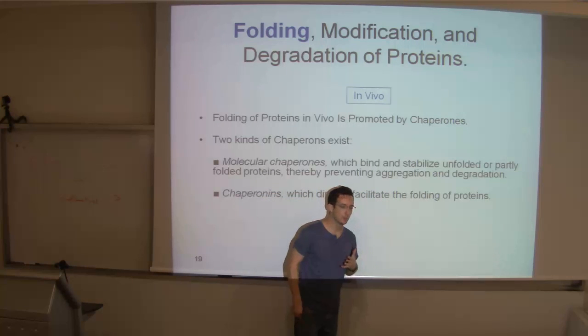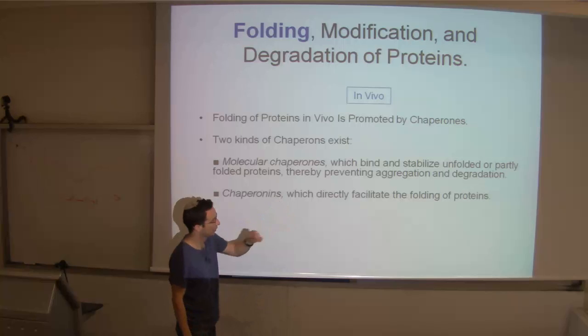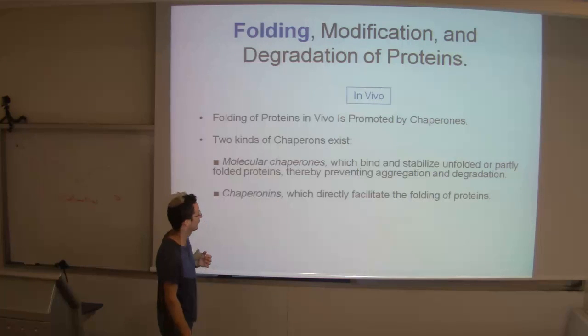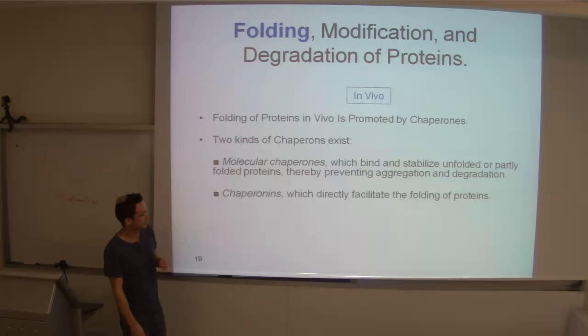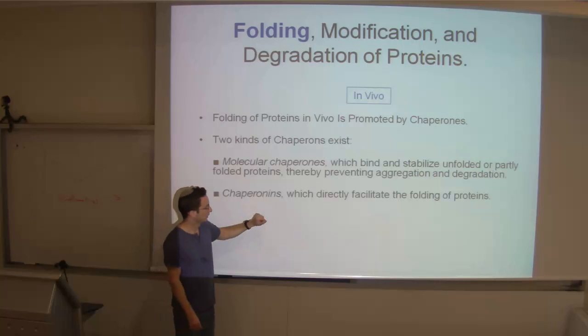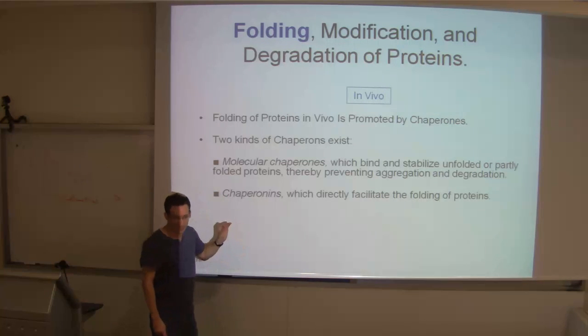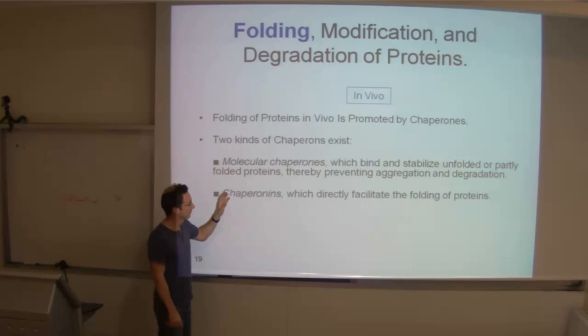If there is improper folding of a protein, usually downstream you will see aggregation and eventually degradation, and needless to say, it will be nonfunctional. The other kind are called chaperonins, and they directly facilitate the folding of proteins. The next slide will show you the distinct mechanism of action of these two.